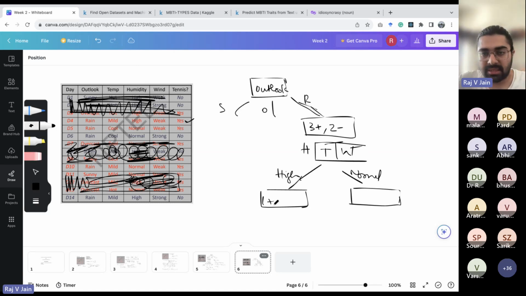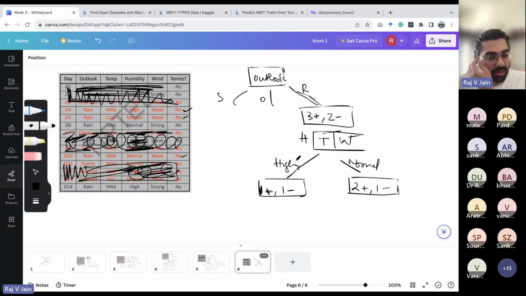So one plus and one minus. Okay, this is the distribution here. And then for normal, I have one yes, two yeses. So two yeses and one minus, right? Let's check the values: 2 plus 1 is 3, 1 plus 1 is 2, and fine. So we're done here.